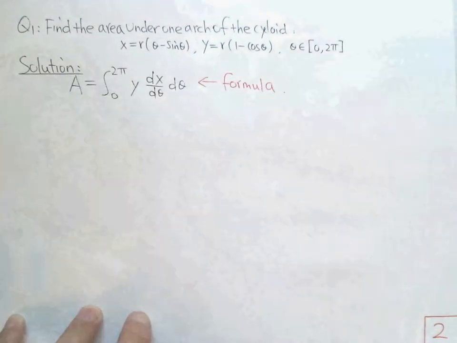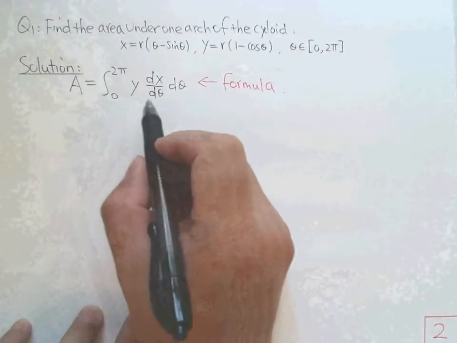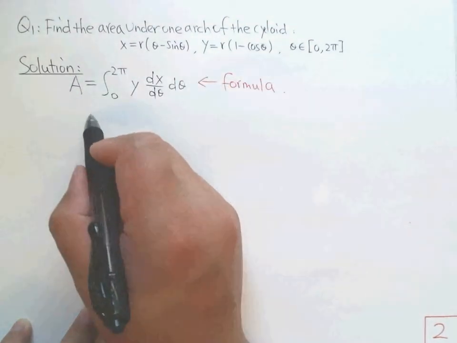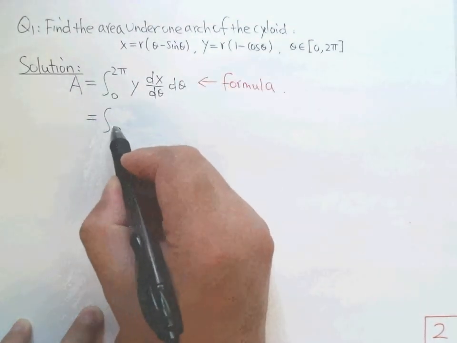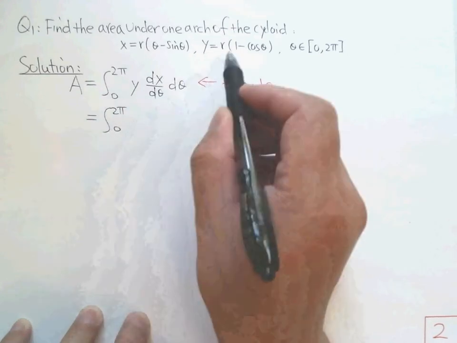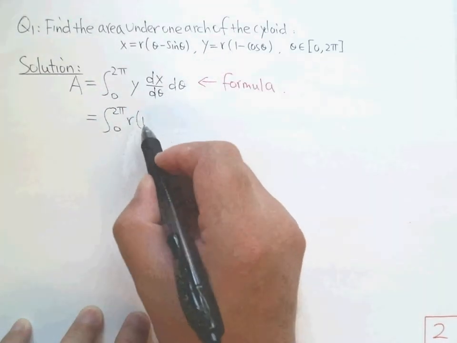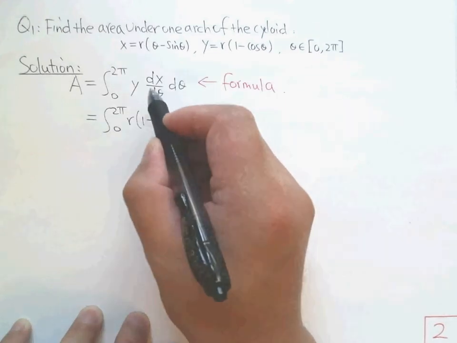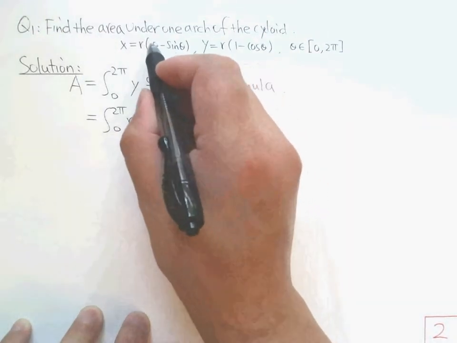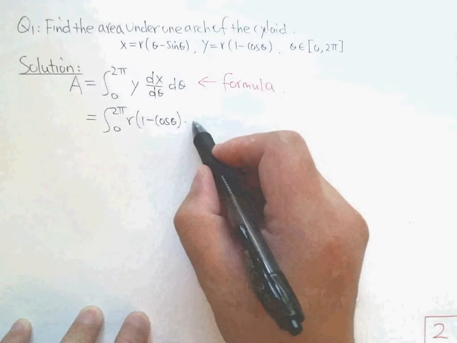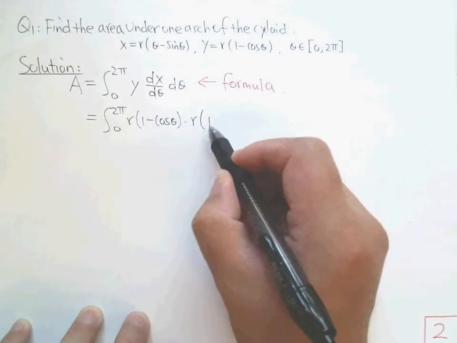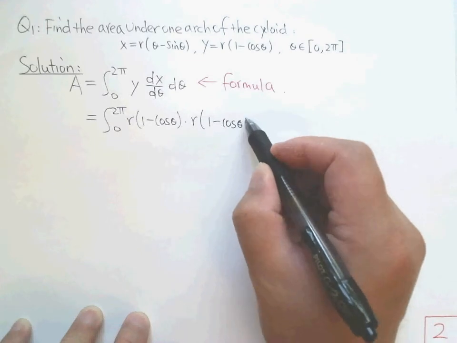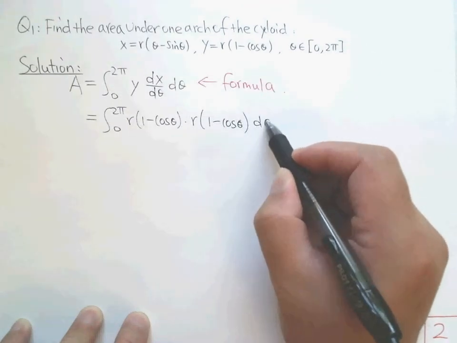Then I will plug everything in. We have 0 to 2 pi. Y is r times 1 minus cosine theta. What is dx/d theta? It is r times 1 minus cosine theta, so we have r times 1 minus cosine theta, times d theta.